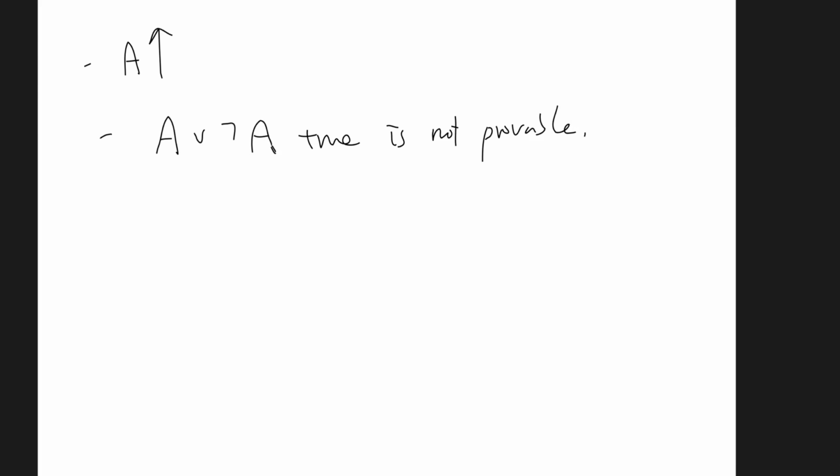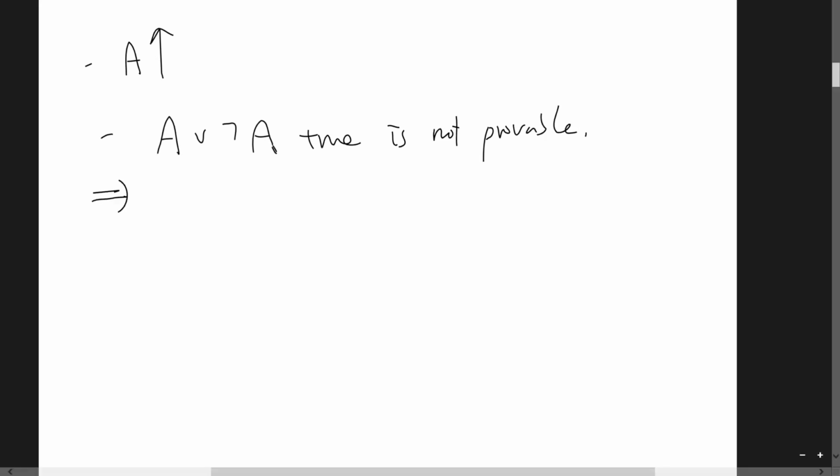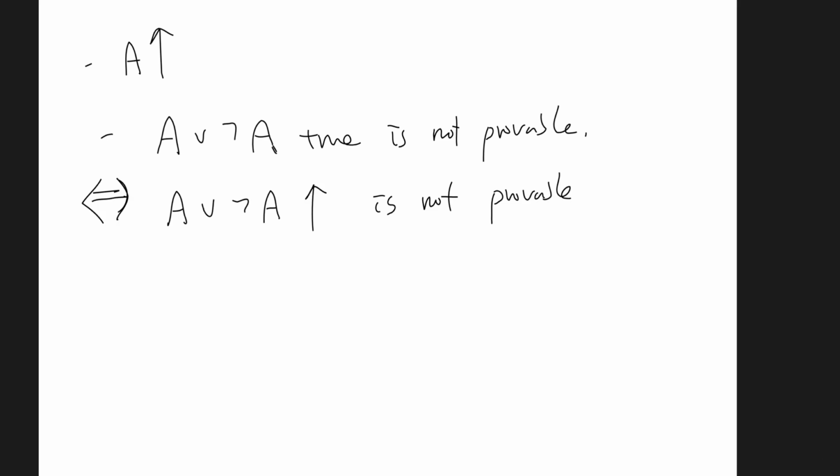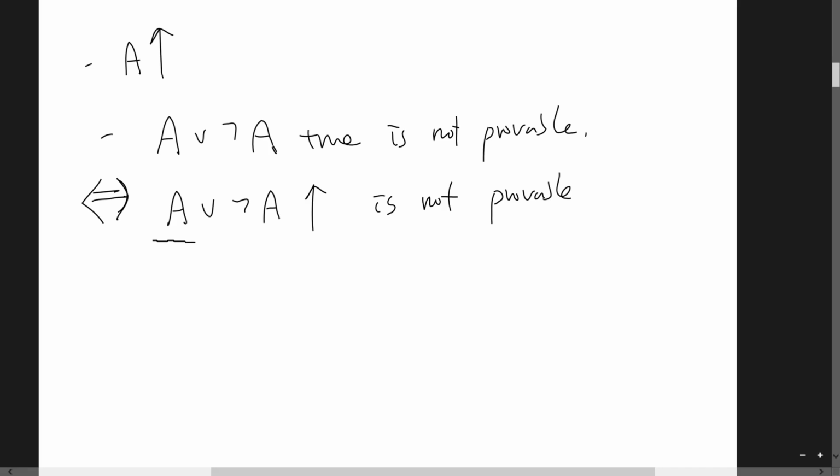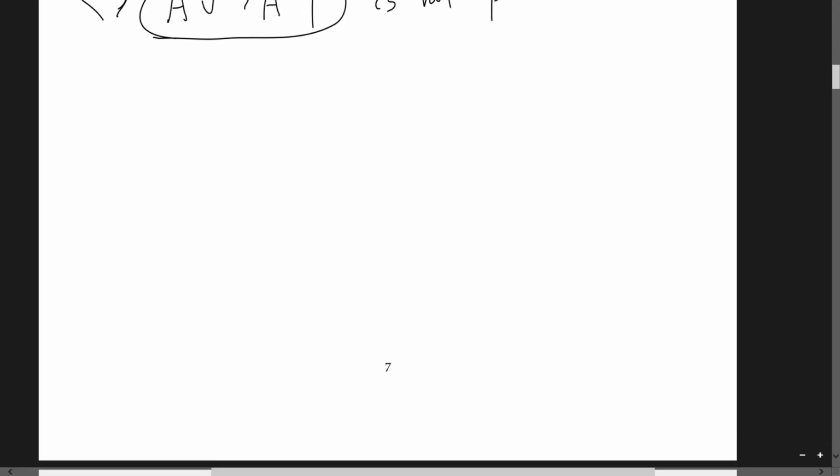So instead of proving this one, it suffices to show that A disjunction negation A up arrow is not provable. These two statements are completely equivalent, thanks to the completeness of this normal judgment. So let's try to build a proof of this judgment.